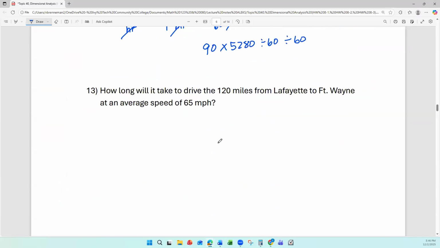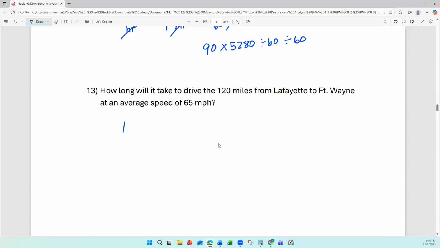Number 13, how long will it take to drive 120 miles from Lafayette to Fort Wayne at an average speed of 65 miles per hour? So now I'm wanting to find a time. So I'm not converting the rate to other units. I'm using the rate to convert between distance and time.